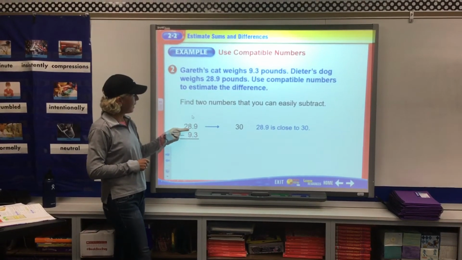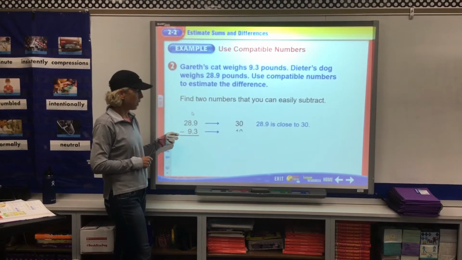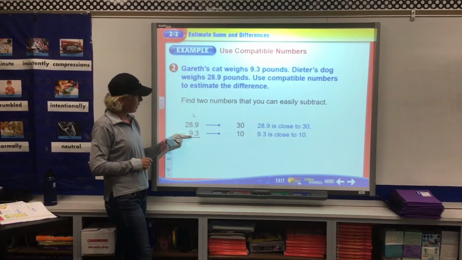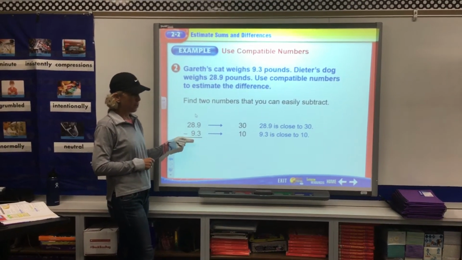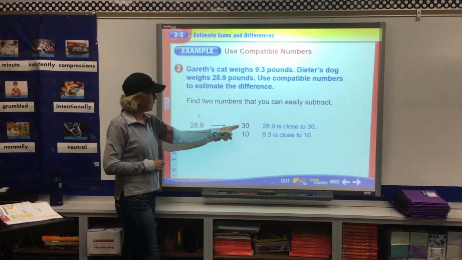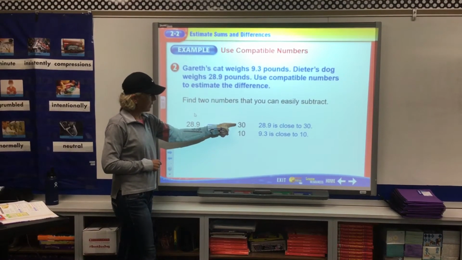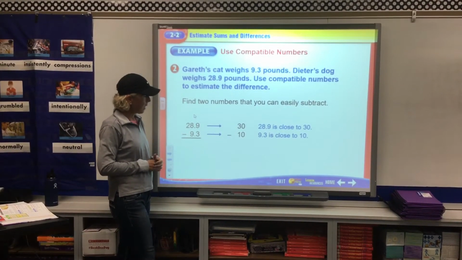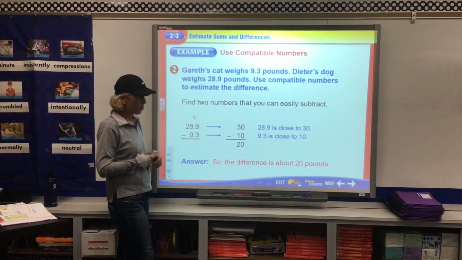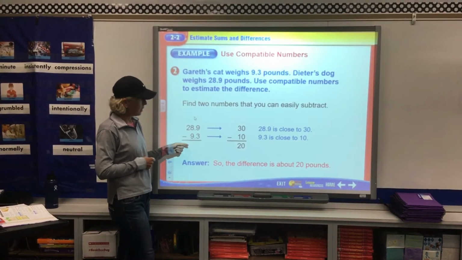So they're going to take 28 9/10 and round that to 30, or use that as a compatible number. And then if we were rounding 9 3/10 to the nearest whole number, sometimes we would say 9, but because we're using compatible numbers, it's easier to think through the problem if we rounded it to 10. So we would say 30 minus 10, and that would be 20, because like 10s, 5s, 25, those are all numbers that we're super familiar with, and they work well together. So the difference is about 20 pounds.